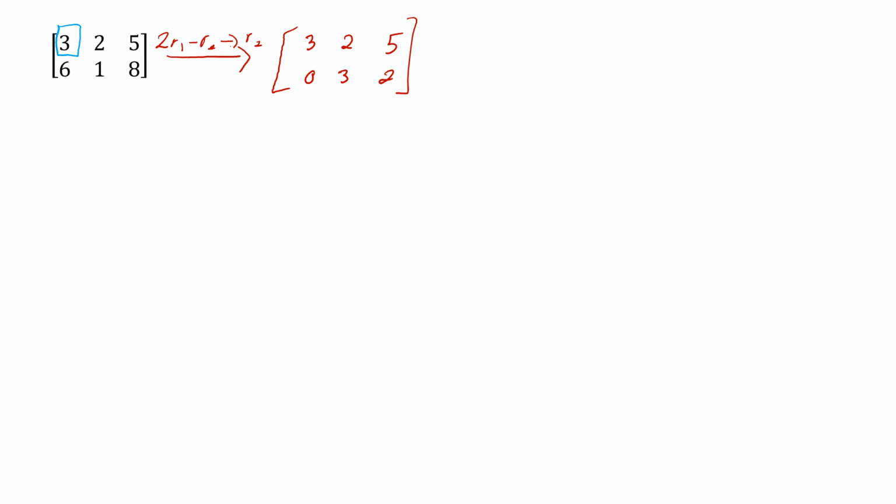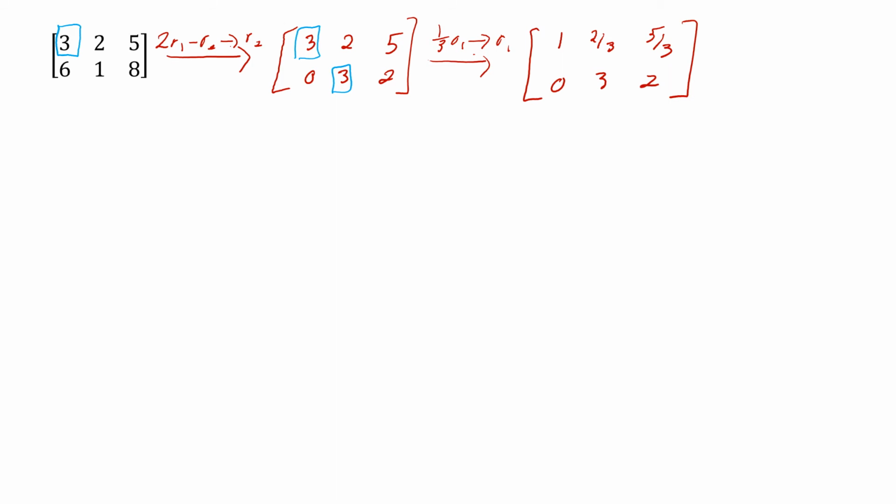Now we are in echelon form. So the Gaussian method says now we want to turn our leading entries into ones. So for the first one, we get 1/3 row 1 is the new row 1, which gives us 1, 2 over 3, and 5 over 3, and 0, 3, 2.